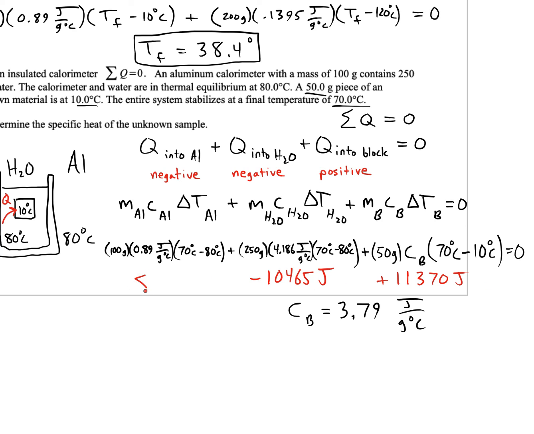Just 890 joules flowed out of the aluminum. So we want those to add up to 0. And yeah, it looks like it does. Just a little bit of rounding may make it slightly different, but yeah, looks like it checks.